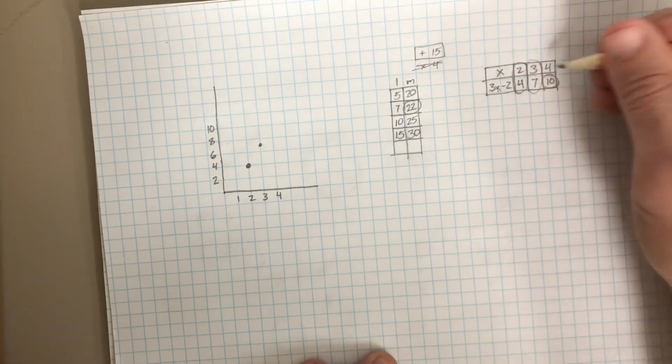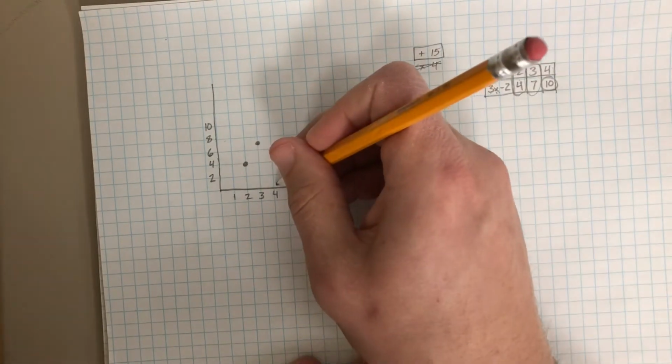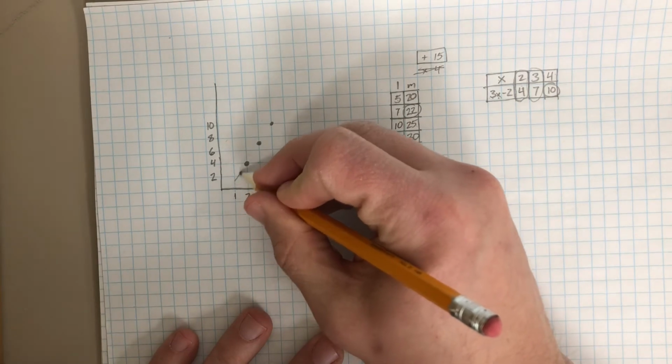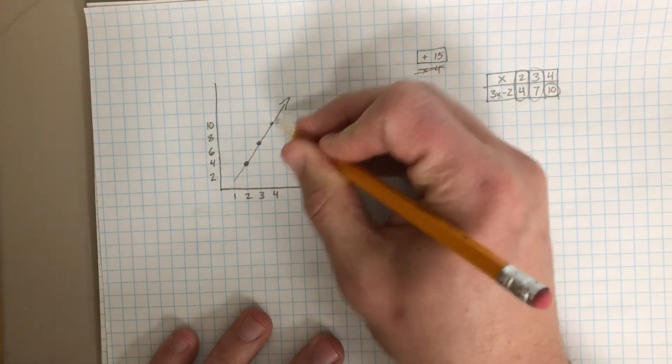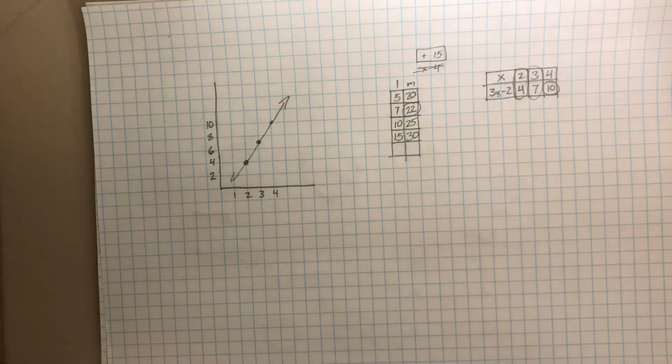And then 4, 10. Now, what do you notice about these points? They should form a straight line. Every linear function should form a straight line, and we'll get into other things later.